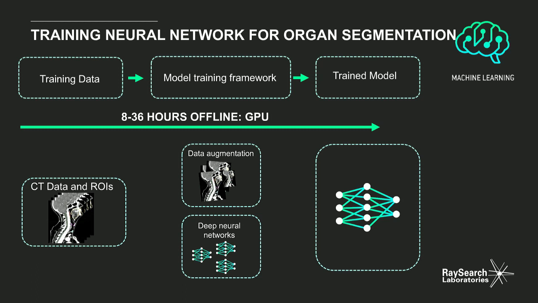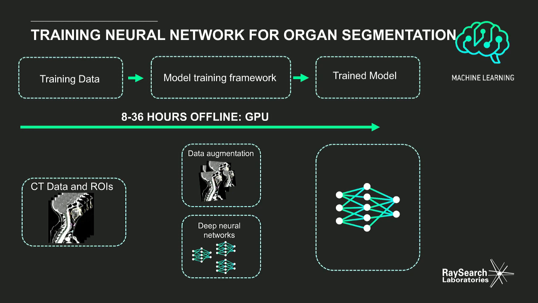We then apply some data augmentation, as I said: rotation, translation, maybe some deformation, to generate more data out of this training data. We optimize these neural networks, so there's one for each ROI. Out of this, we have a completely anonymized, no-patient-data model that can be shared between clinics.